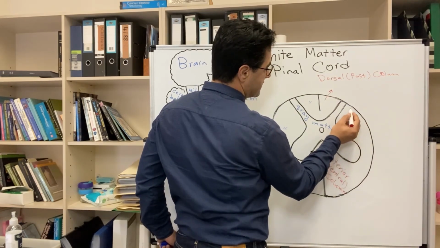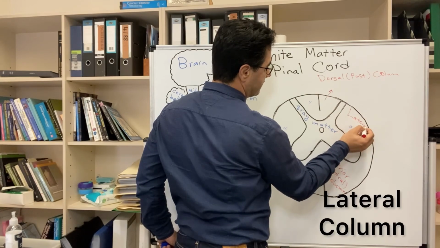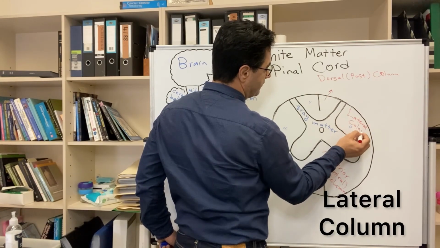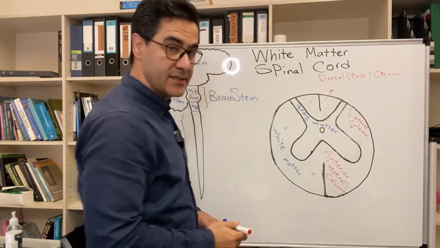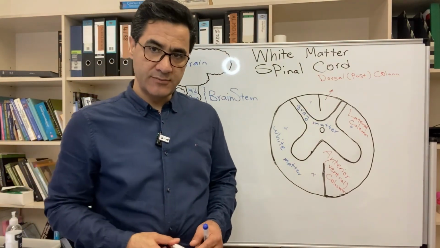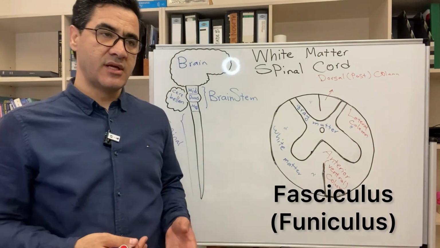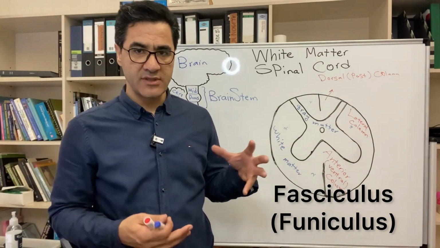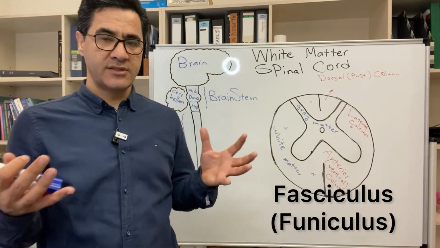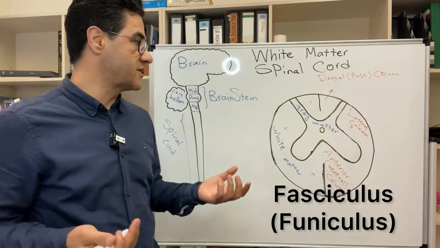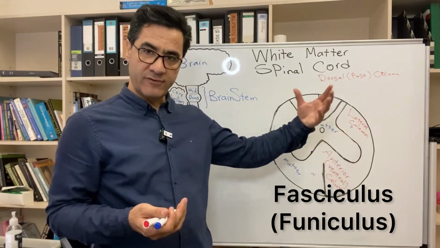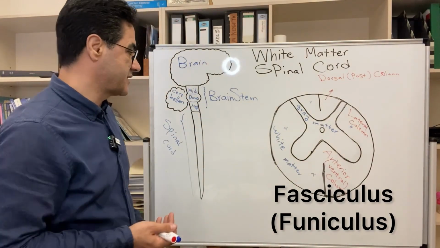On the side you can see the lateral column. The other name of the column is fasciculus or funiculus. So you will probably come across different names. They are interchangeable. You can use column or fasciculus or funiculus.